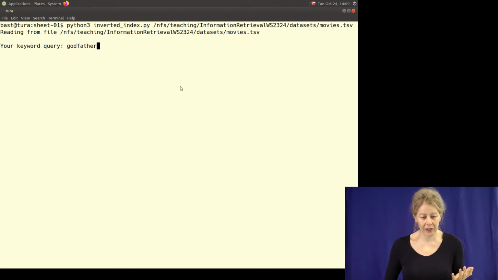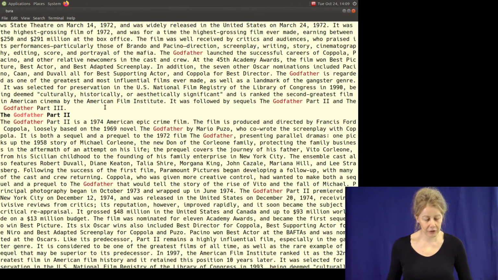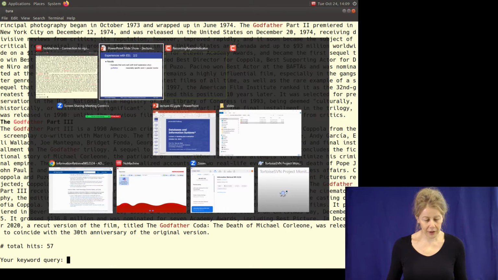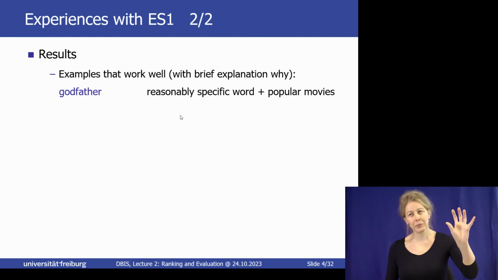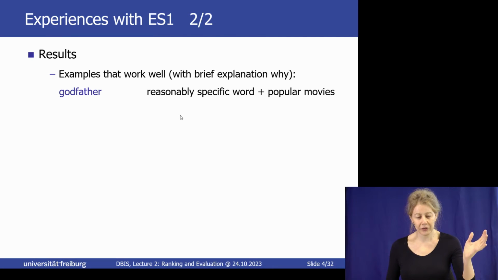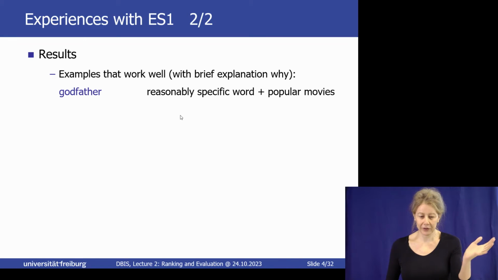Godfather, what would you expect? The 3 Godfather movies, and you get the 3 Godfather movies, with Al Pacino, Francis Ford Coppola. Why does it work? Godfather is not super specific. There will be other movies containing it, but the movies which you expect are the most popular ones, so it works.